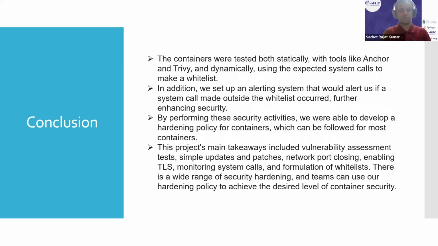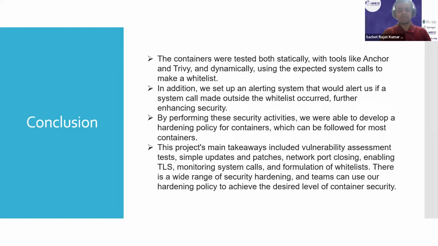And as mentioned, blacklists are usually not the way to go because you will never know what system calls to not permit, because you always have to assume that a hacker or a perpetrator would be well equipped to find out new ways. So the best thing that you can do is to make a whitelist, as you know best that your container or your application should run a certain way.